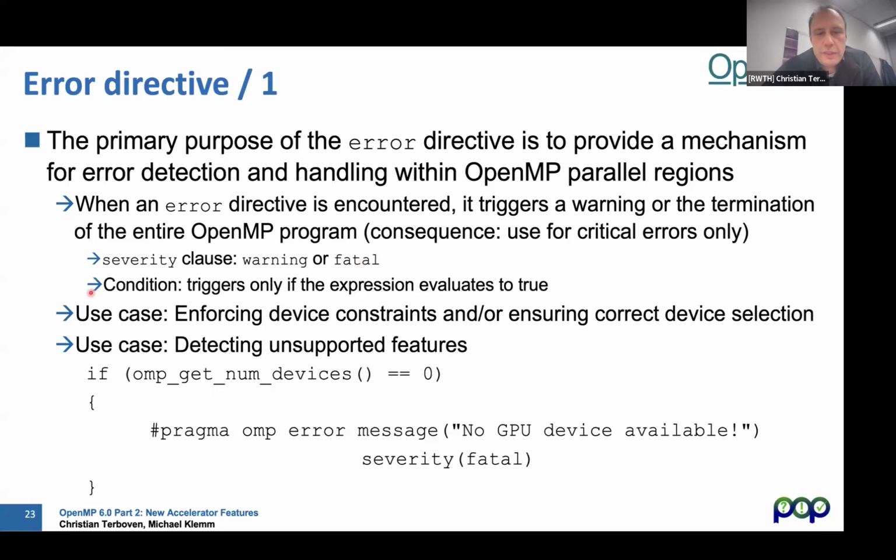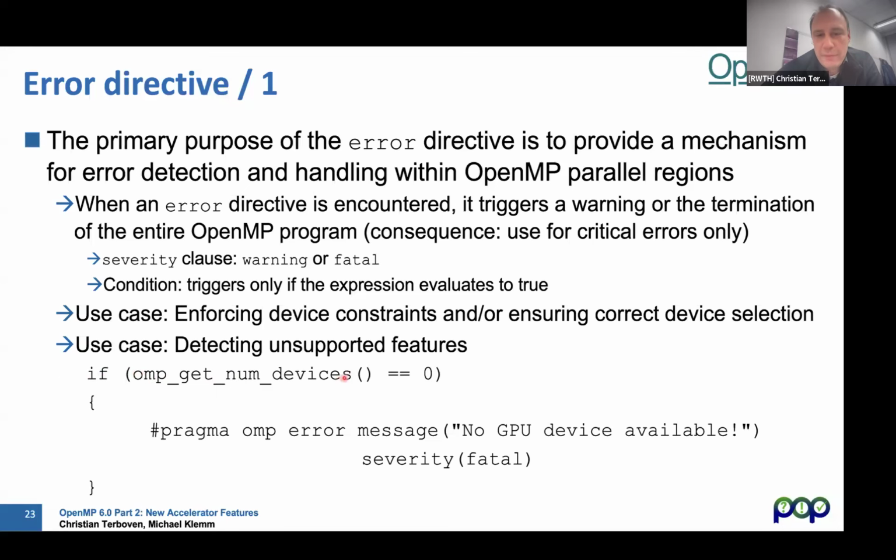And of course, you can also specify a condition. With that, again working together with requires, you can enforce certain constraints, ensuring correct device selection, for example, or you can detect unsupported features. So I tried to come up with meaningful examples. If you have more to share, we are happy to see them. In particular, the OpenMP examples effort would profit from that.